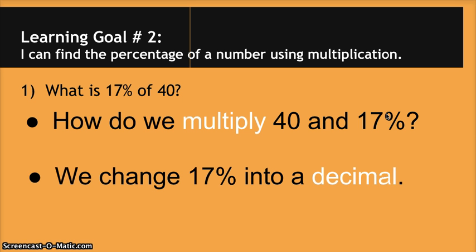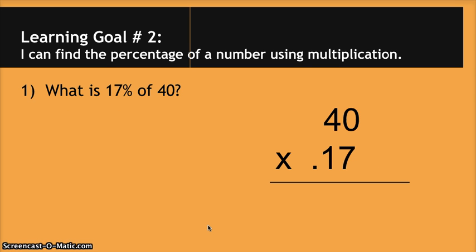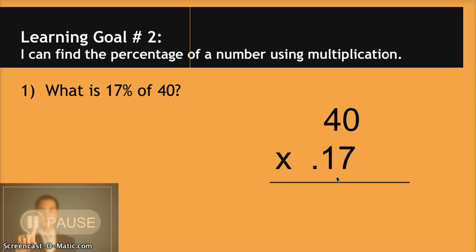But we can change 17% into a decimal. So 17% equals 0.17, and we'll take that number and move forward. We have 40 multiplied by 0.17, and now go ahead and pause and solve the problem.